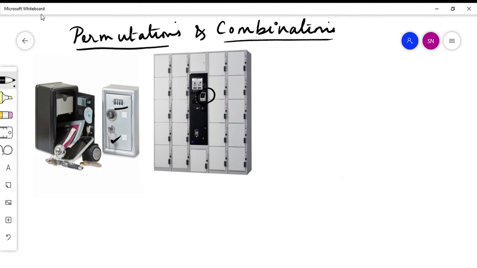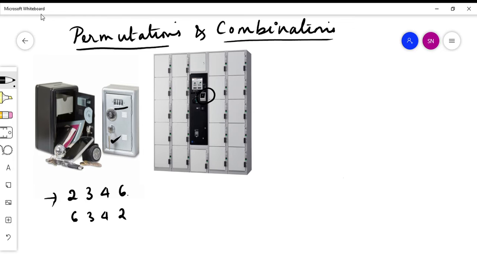Okay, so for example, if the locker has a code which says 2, 3, 4, 6, this is the locker code which will open only if you put 2, 3, 4, 6. Now, for example, if I put the value 6, 3, 4, 2, will my locker open?